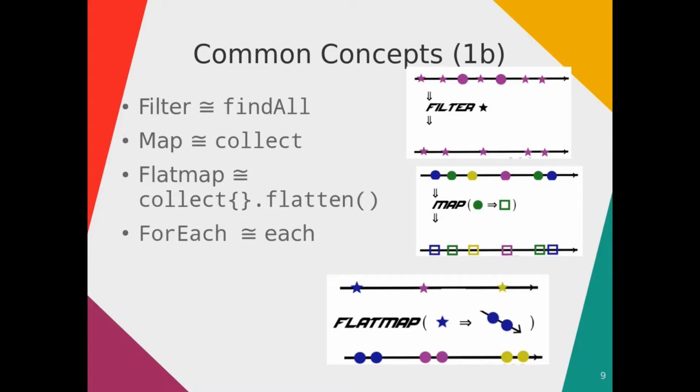Now, since we're talking about Groovy, the equivalent methods in Groovy are findAll, which is similar to filter; collect, which is similar to map; and flat map, which is similar to collect and then a flatten method call. And of course there's forEach, which is equivalent to each in Groovy.